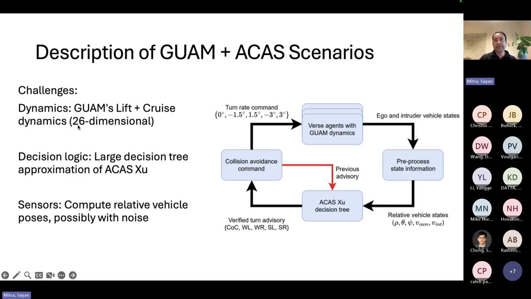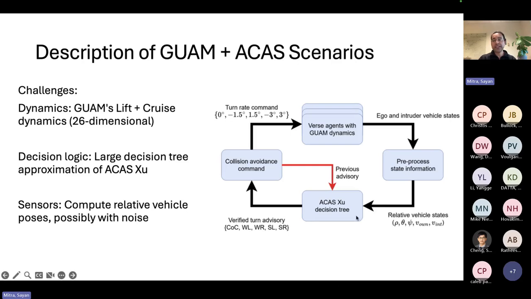It has 26 dimensions, and we will have multiple airplanes. So potentially we could have 2, 3, or even more airplanes in the scenario that we are trying to study. Okay, then the sensor, or this module over here, is going to compute what is the part of the state of one airplane that is visible to the other airplanes for the purposes of collision avoidance.